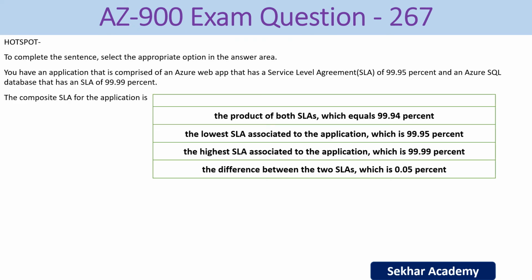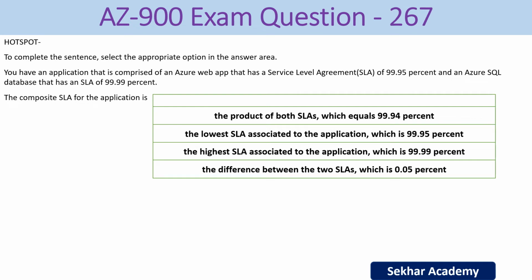Question number 267. You have an application that is comprised of an Azure web app that has a service level agreement of 99.95% and an Azure SQL database that has an SLA of 99.99%. The composite SLA for the application is which option? You need to complete the sentence by choosing the right option here. The product of both SLAs, which equals 99.94%.